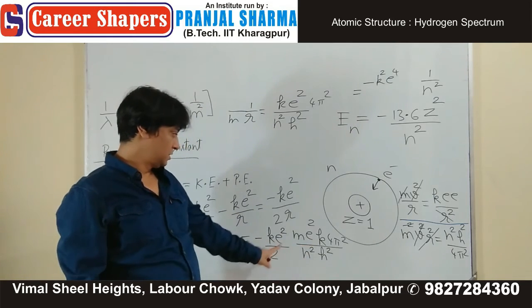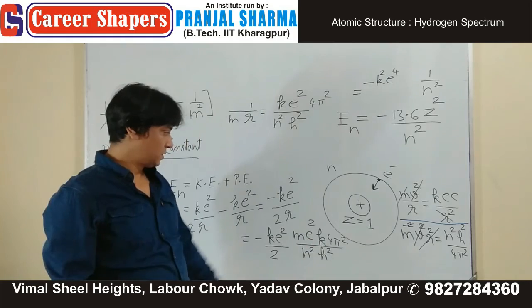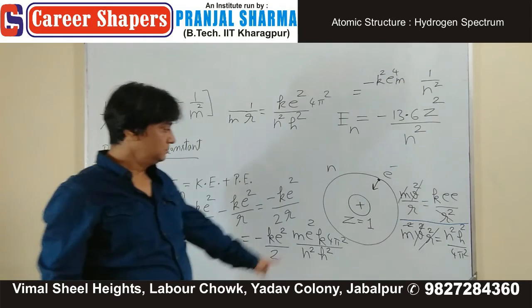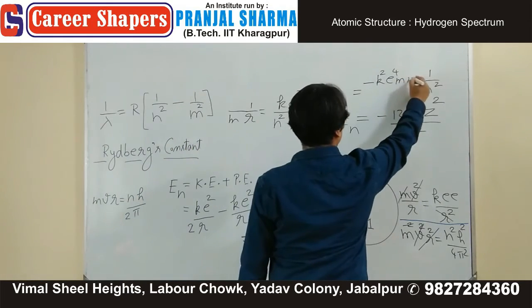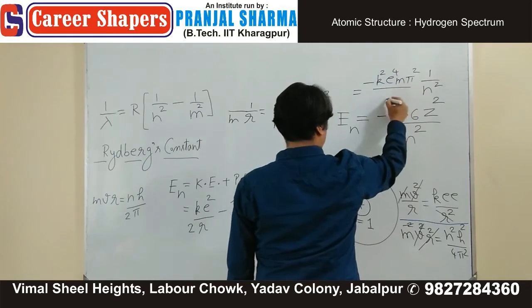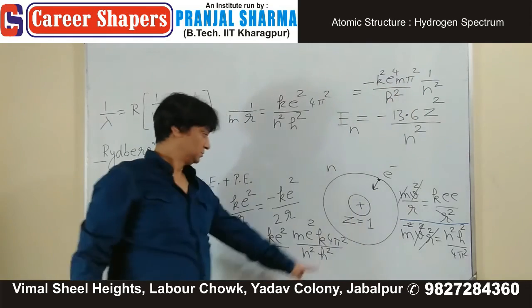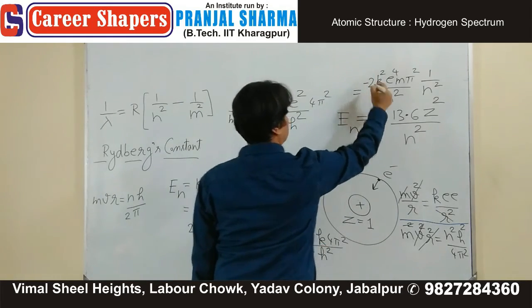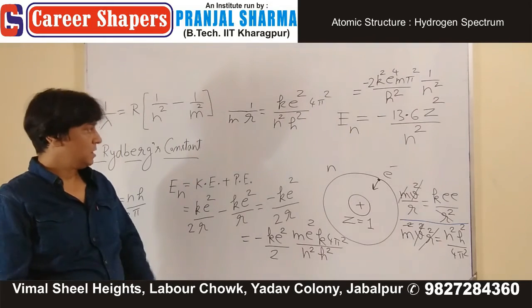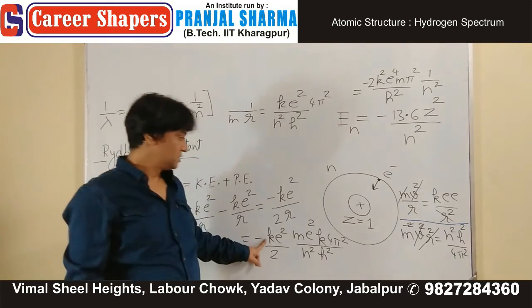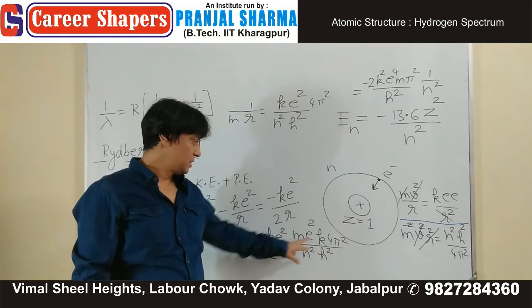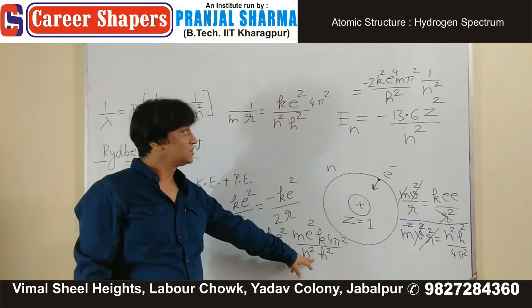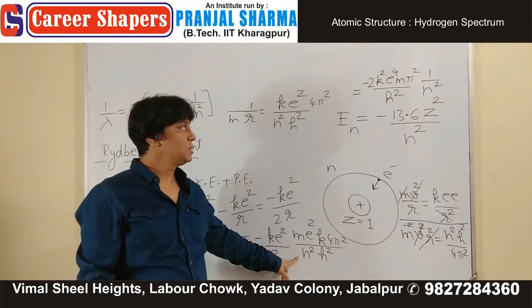k²e⁴m π² upon h², 2 and 4, 2 times. I think all the terms are present. k²e⁴m is there, π² is there, divided by h², followed by 1 upon n².